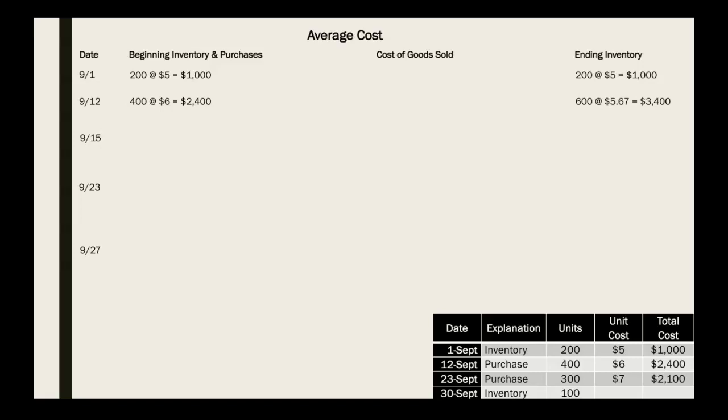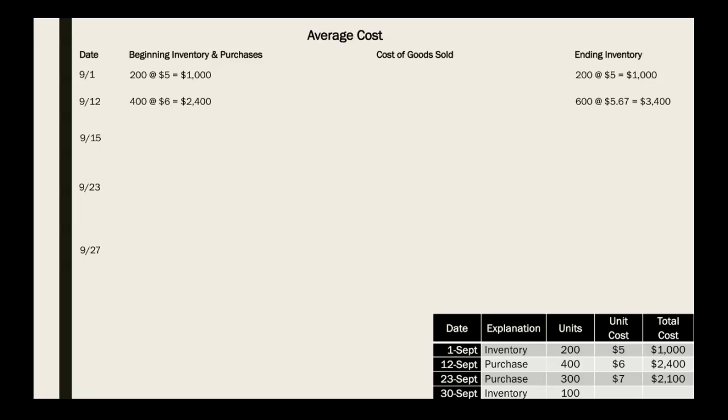So we take the total value of the inventory divided by the number of units you have. So 3,400 divided by 600 gets you that 5.67. So the average unit cost of your inventory is $5.67.